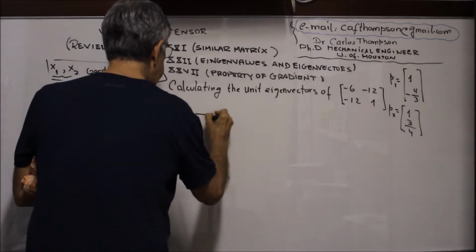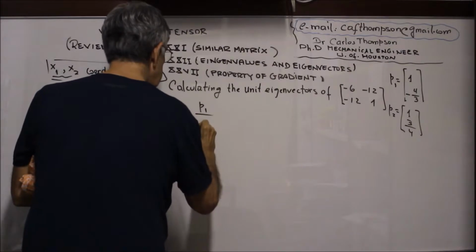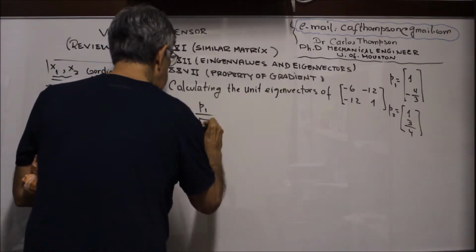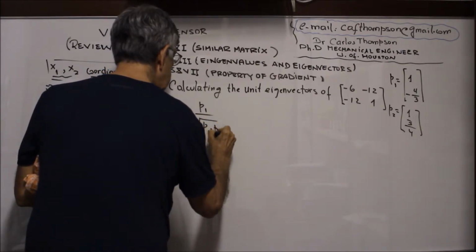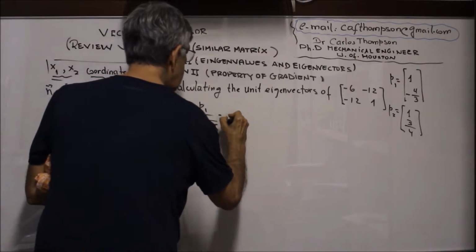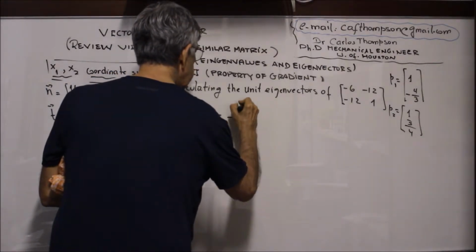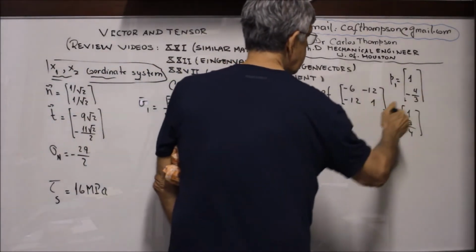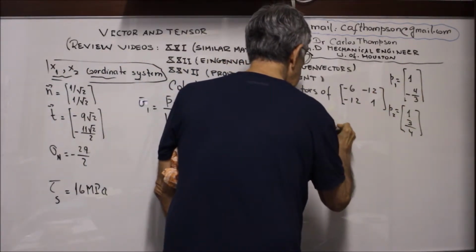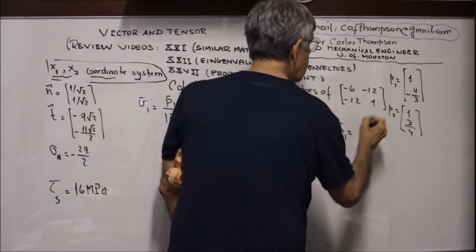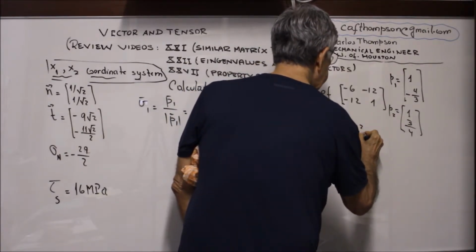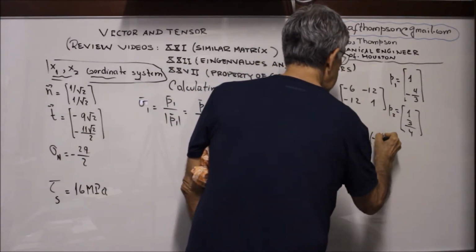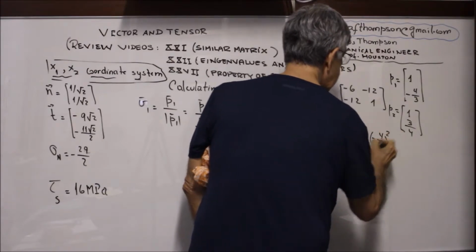This will be P1 divided by the square root of P1 dot P1. P1 dot P1 is equal to 1 squared plus minus 4 divided by 3 squared.